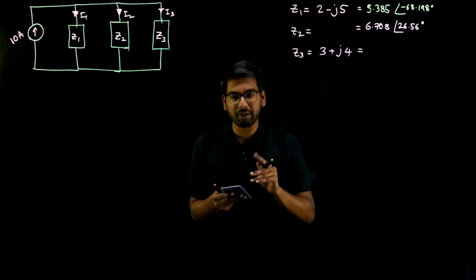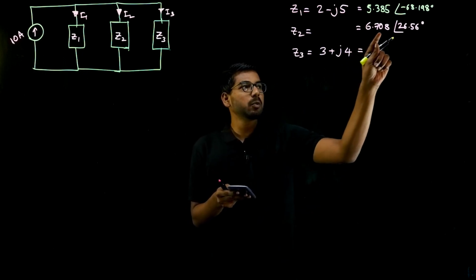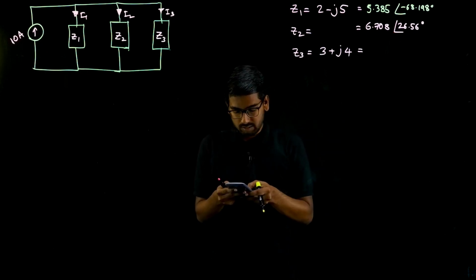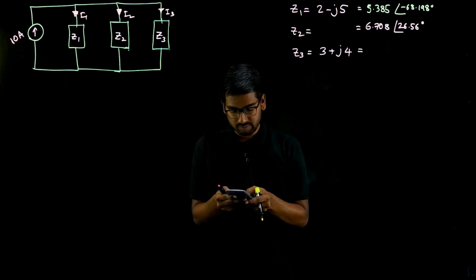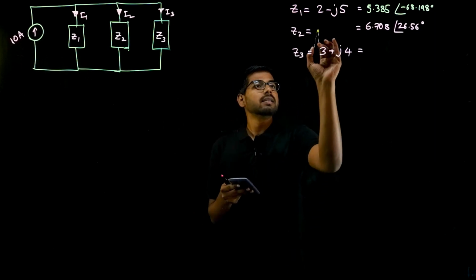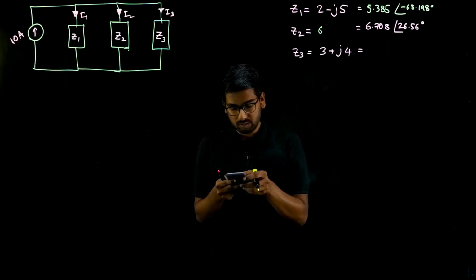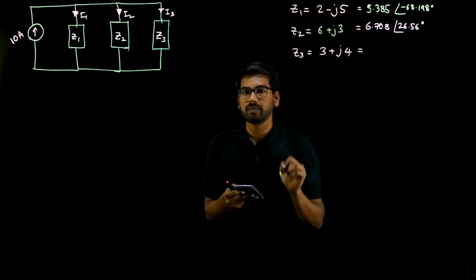Similarly, Z2 is already in polar. We need to convert that into rectangular. There is a function called rectangle, REC, and input 6.708 comma 26.56. You will get 6 plus j3.